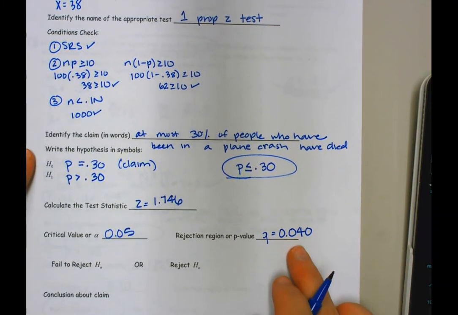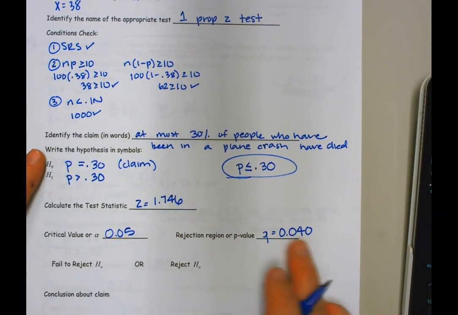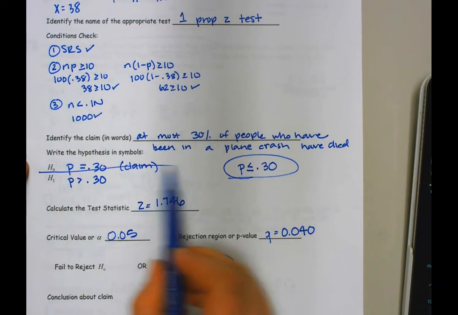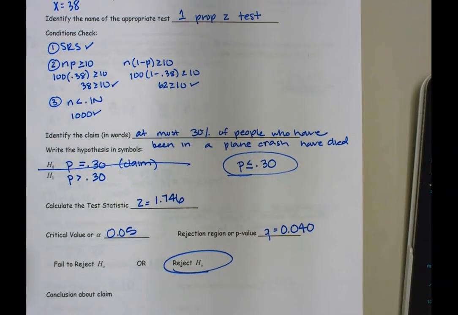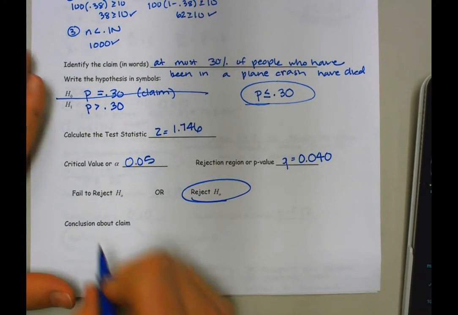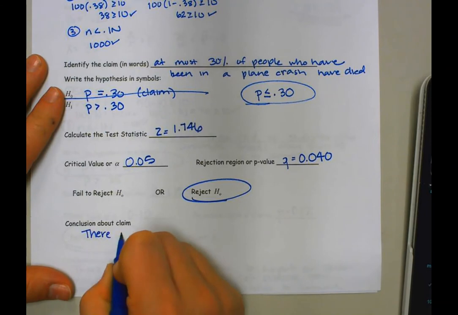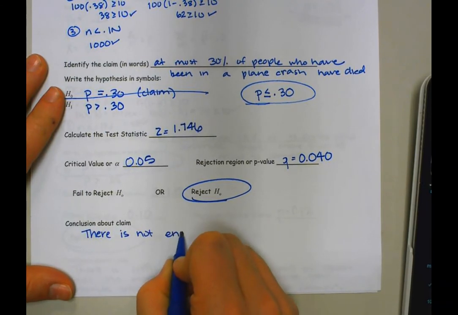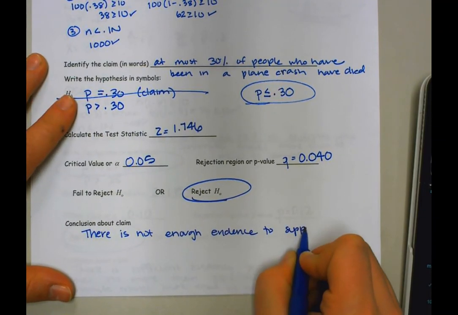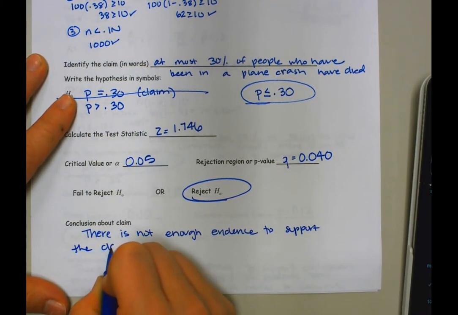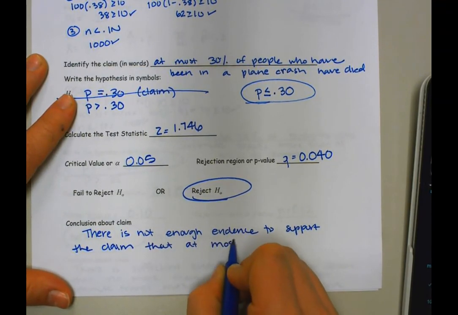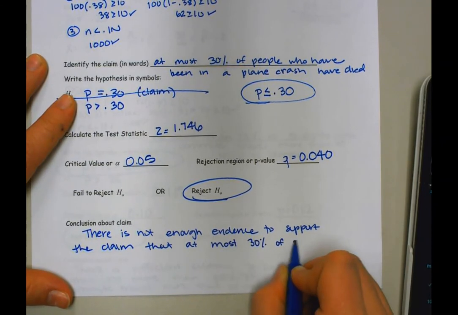So this p-value is lower than this critical value. So when the p is low, we reject our null hypothesis, which means we are rejecting our claim. So in this case, when I reject the claim, I would say there is not enough evidence to support the claim. And then I just reiterate the claim here. That at most 30% of people.